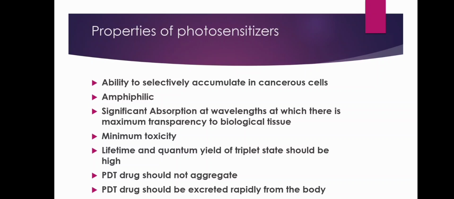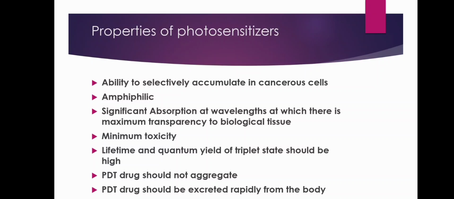Then significant absorption at a wavelength at which there is maximum transparency to the biological tissue. That means the PDT sensitizer is activated at a particular wavelength, and that wavelength should also correspond to the wavelength at which the biological tissues provide maximum transparency.